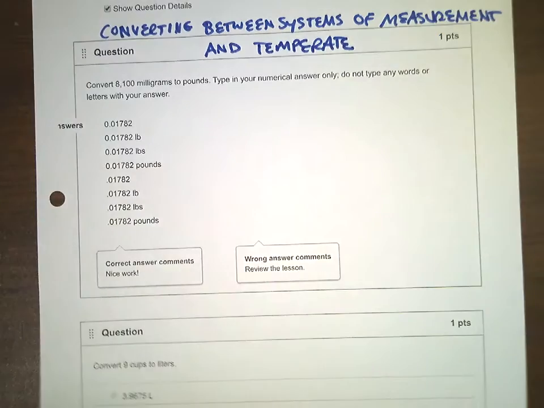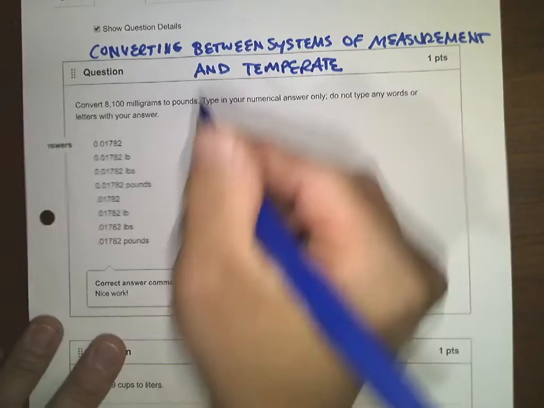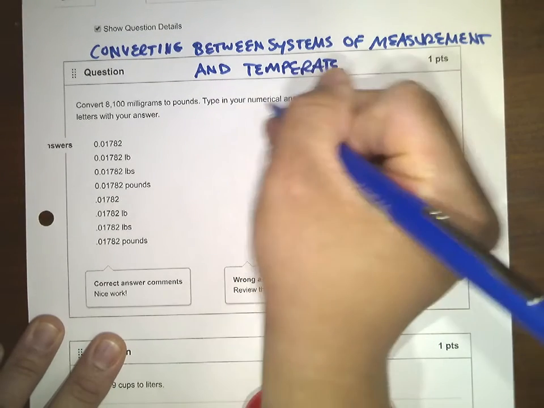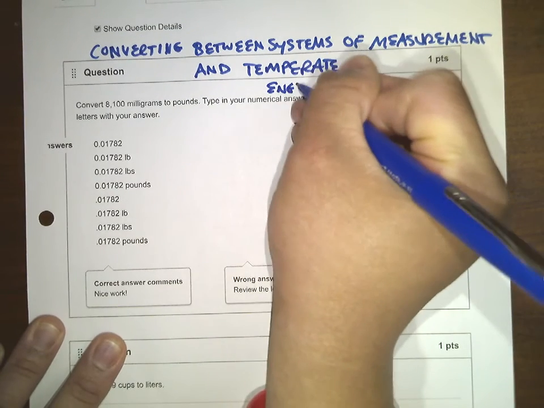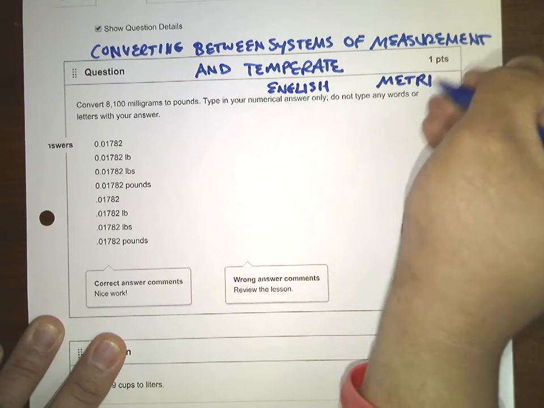All right, so the two systems of measurement that we've talked about, or that you know about, are the English system and the metric system.